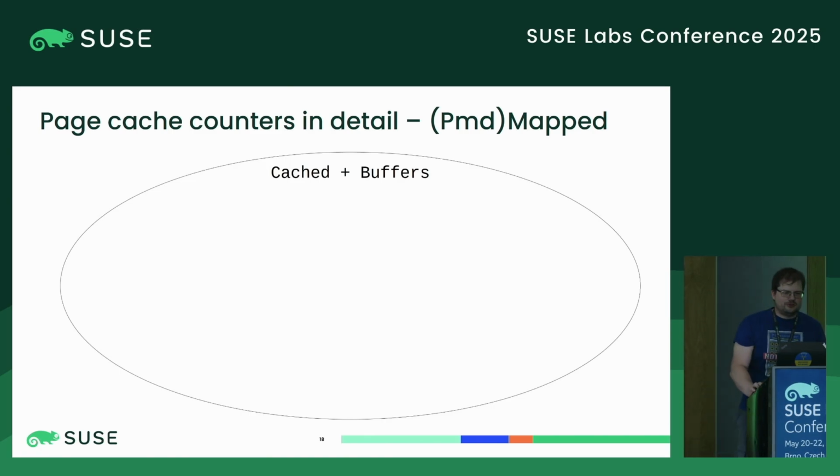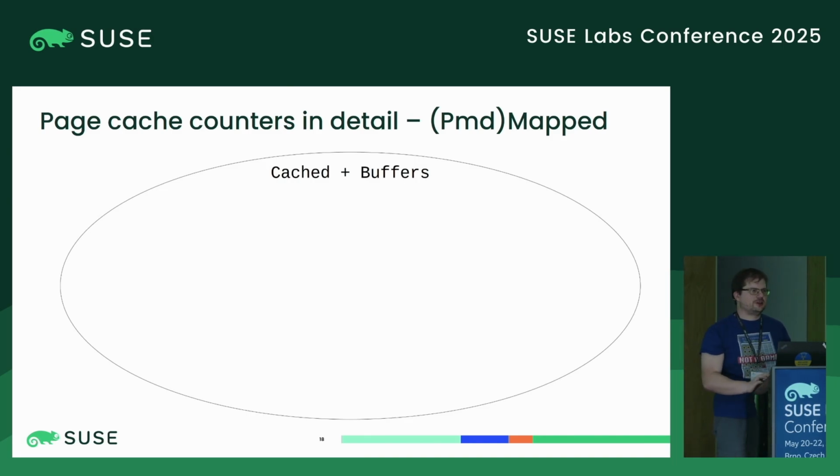So if you need to, you can get the amount for each of the possible combinations. Then we also have counters, for some reason, for how much of this page cache is mapped by any processes. We don't have that special counter for anonymous memory because that's all mapped just by design, otherwise it wouldn't exist.